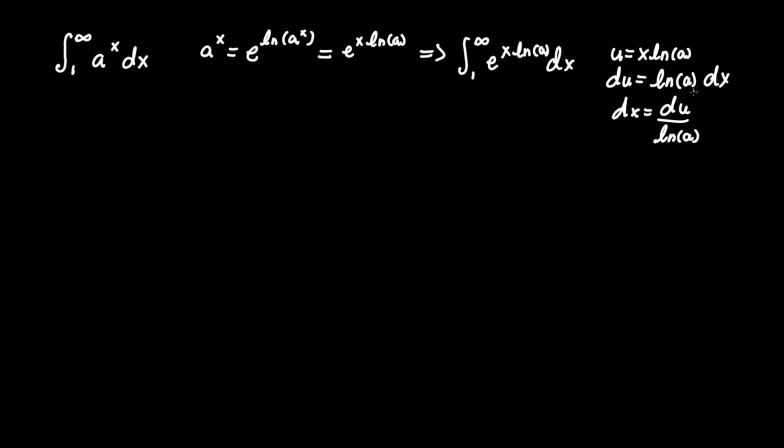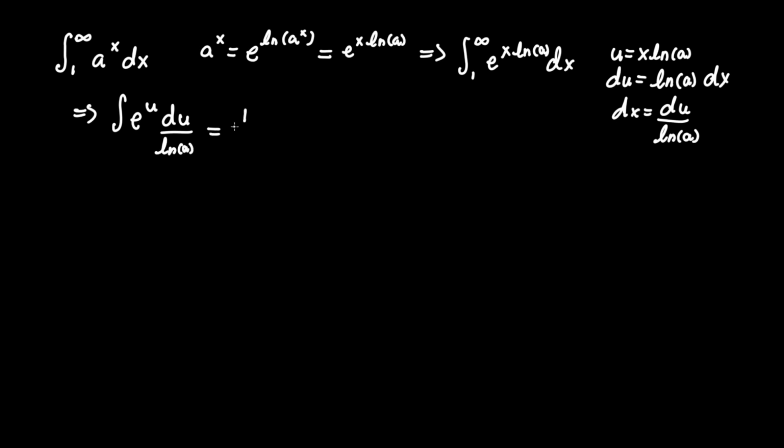And now we can put this back into the integral, and I'm not going to worry about changing any boundaries. I'll apply that later. So I'll just make it an indefinite integral of e to the u, where u is x ln a, du over ln a.